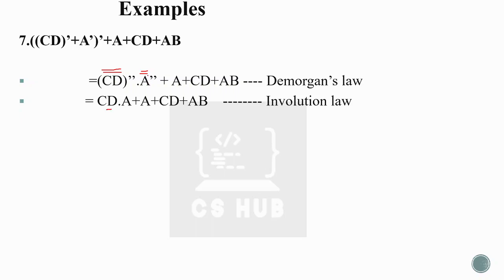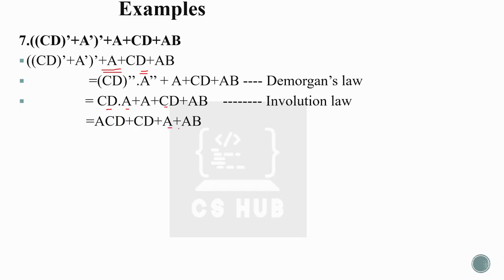Then A bar all bar is equal to A. So CD dot A plus the rest of the terms are the same: A plus CD plus AB. And here we can arrange this as ACD plus CD plus A plus AB. Then taking this CD outside, CD into A plus 1.